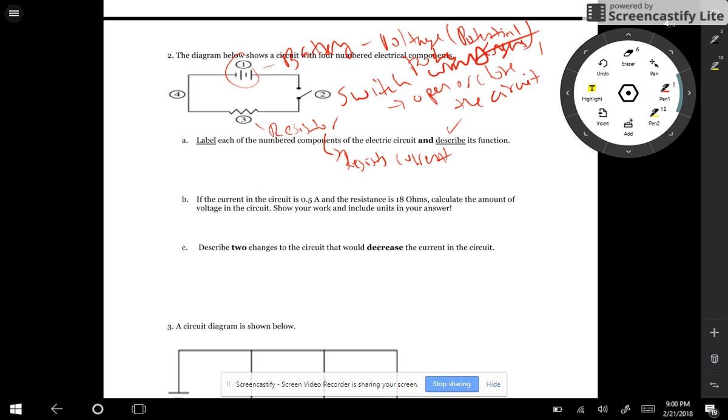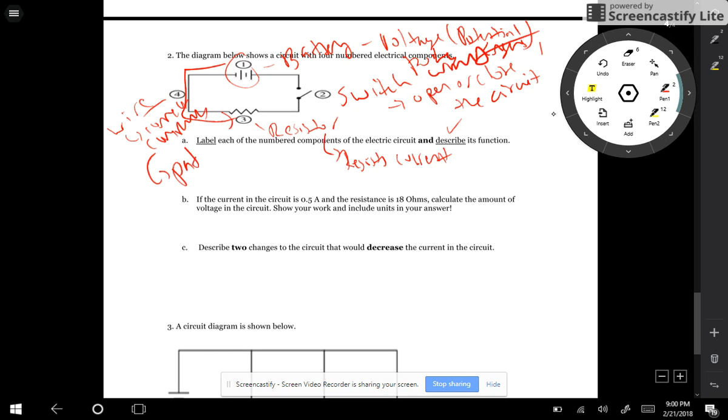So without the battery, we don't have anything to push. There's no energy to push the current through the circuit. And of course, 4 represents the wire, and this is what connects components. It provides a path for current to flow. So anything like that would have sufficed.